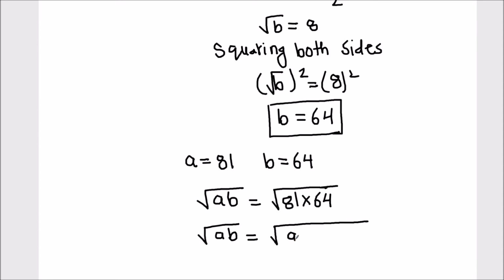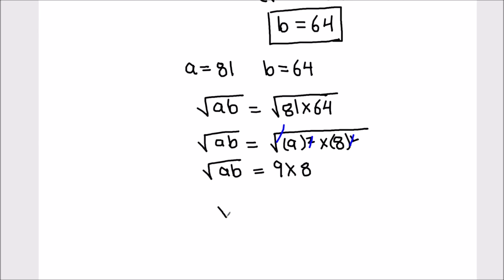So 81 is 9 square and 64 is 8 square. And as the squares are under the square root sign, this square gets cancelled with the square root sign. So we have square root of ab equals 9 times 8 or square root of ab equals 72.